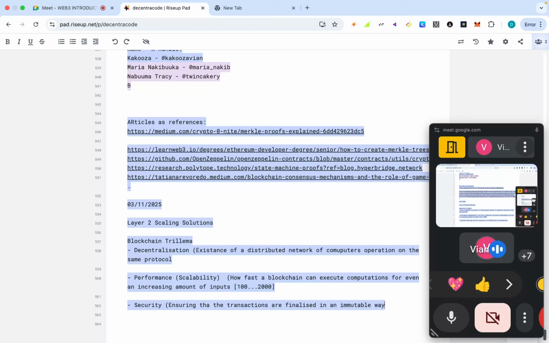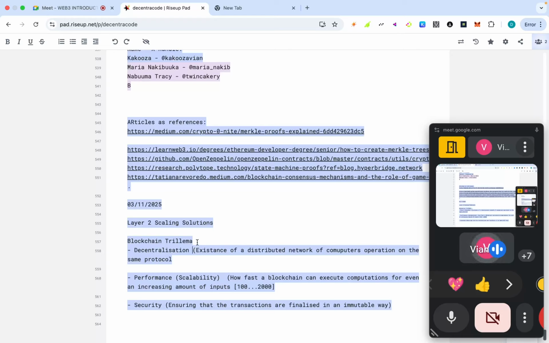So that means that when there's a validation process going on for these transactions to be put on the blockchain, they are registered in such a way that they cannot be changed. That the result that has been put on the blockchain is final and immutable. Now that's where security is also a factor to consider in the blockchain trilemma, and we're going to see how each of these interplay and how layer 2 solutions come in as a solution to try to create a balance between all these problems.